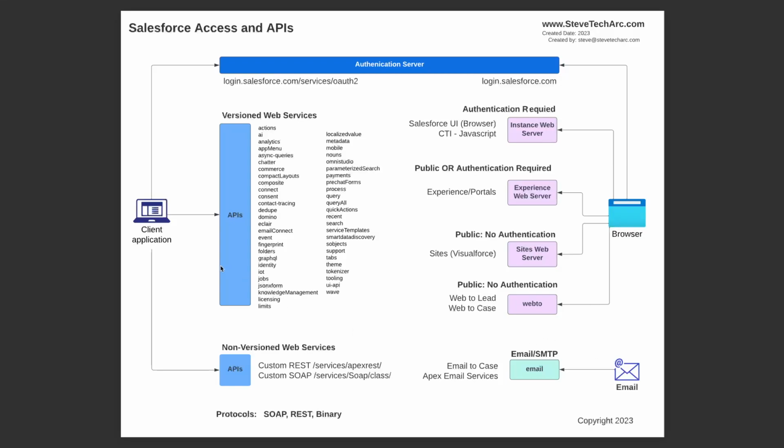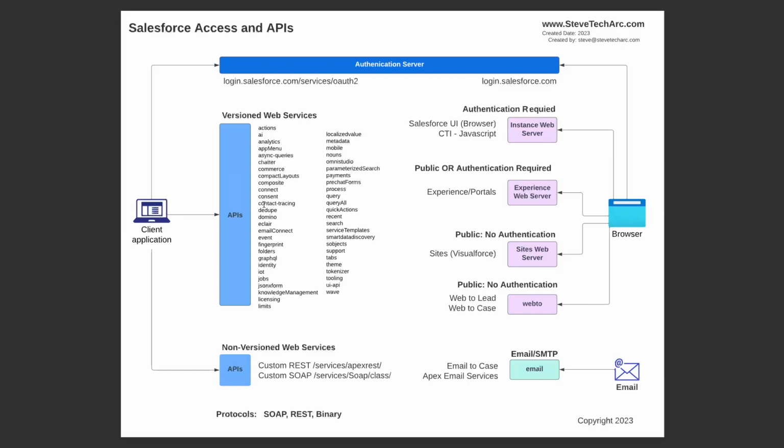On the left side of the diagram, you're going to have clients. When I say clients, these are processes that can reach in and push and pull data. They could be things from mobile devices to other servers. Salesforce has a significant number of available web services, some of which are versioned, and I'll demonstrate what that is, and some of them are not versioned.